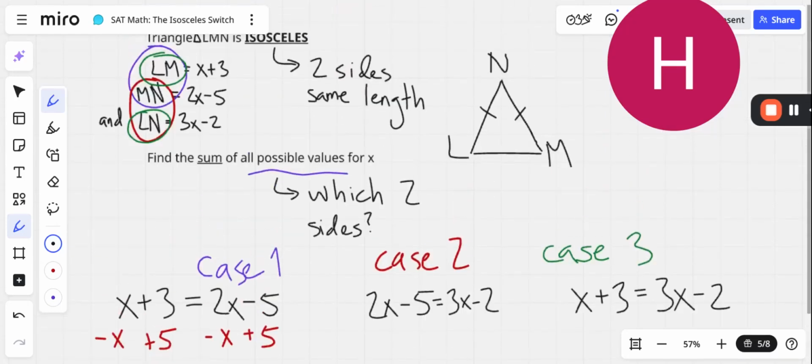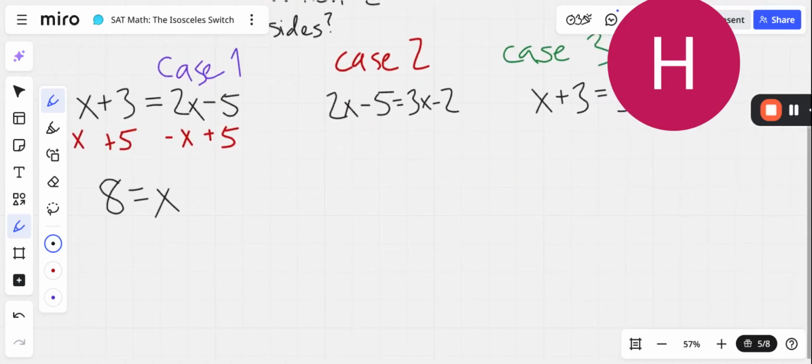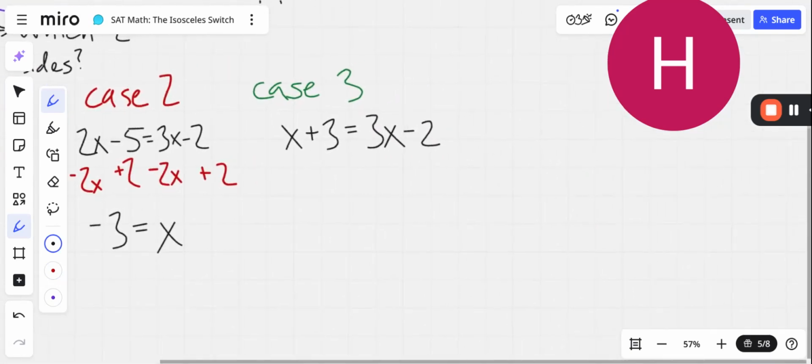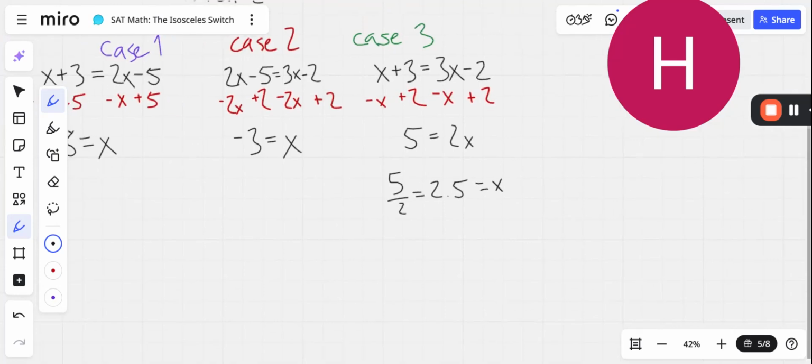That is if sides LM and MN are congruent, if those are indeed the congruent sides. On the other hand, here, if we subtract 2x and subtract 2x, that would be really nice. That gives us an x on the right side, and that gives us a negative 3 on the left side. And lastly, if we subtract x, add 2, then we end up with 5 equals 2x, which simply means that 5 over 2, or if you want to call it 2.5, equals x.